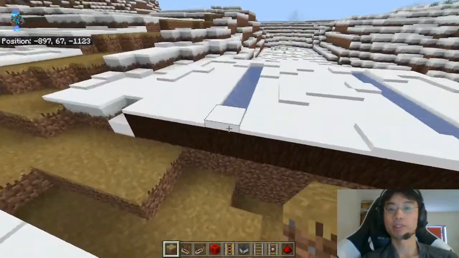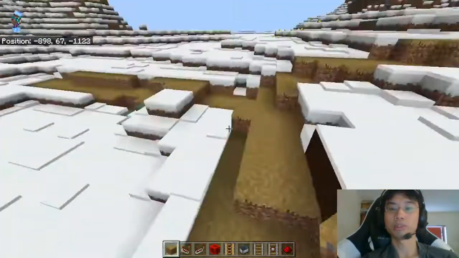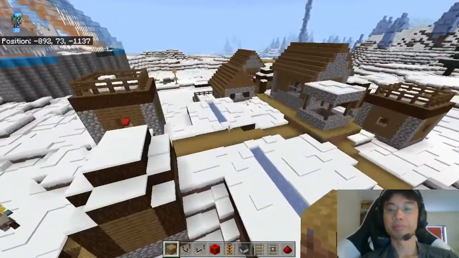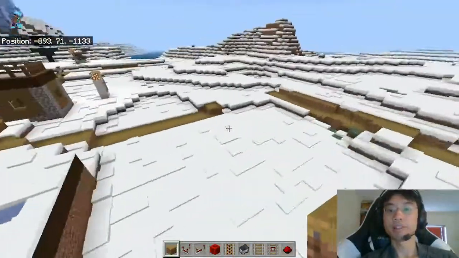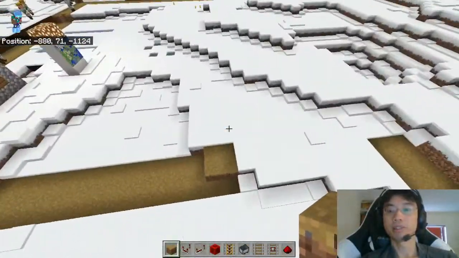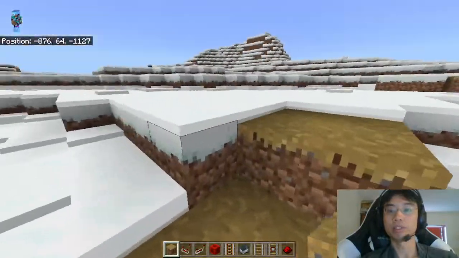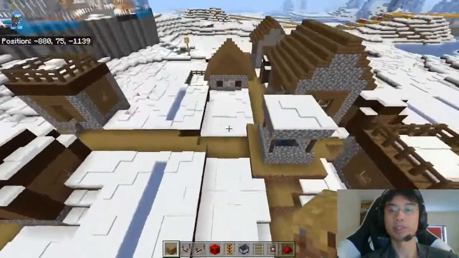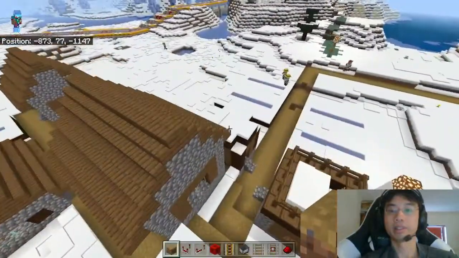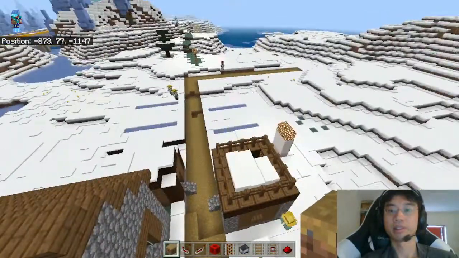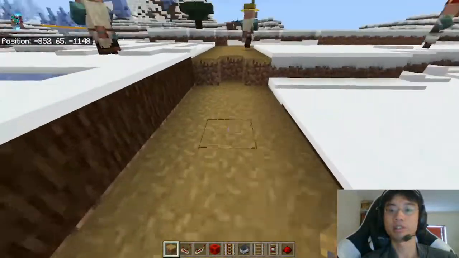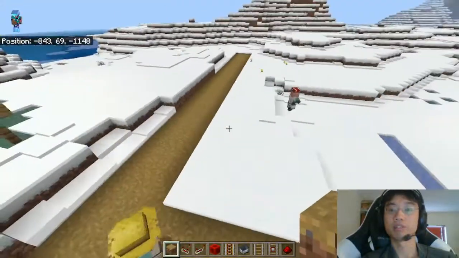Those farms are not even accessible because they're above ground. Alright, so these dirt paths, they don't get covered in snow because they're like 1 pixel lower than the other blocks. The paths are actually fairly clean.